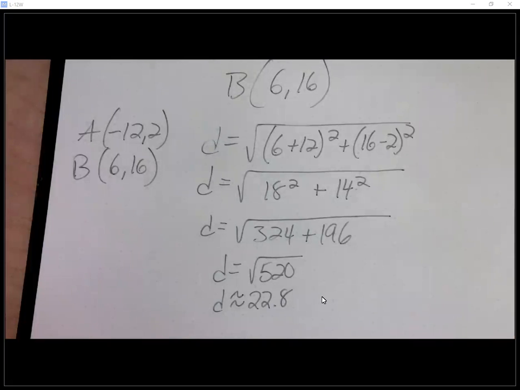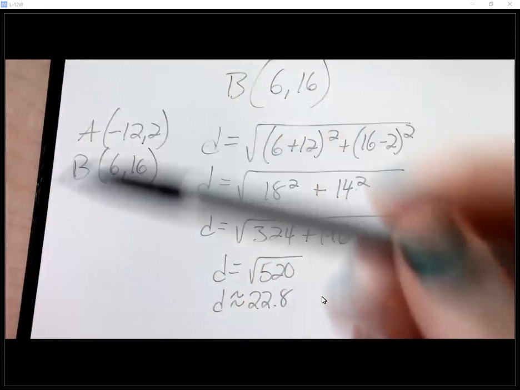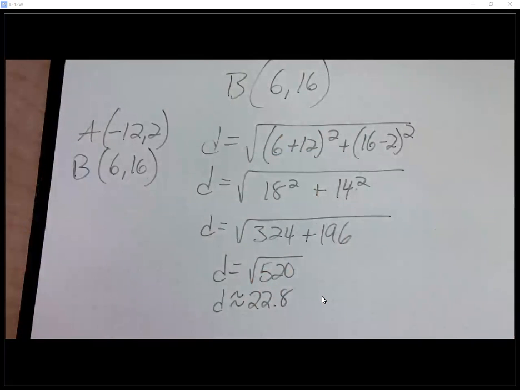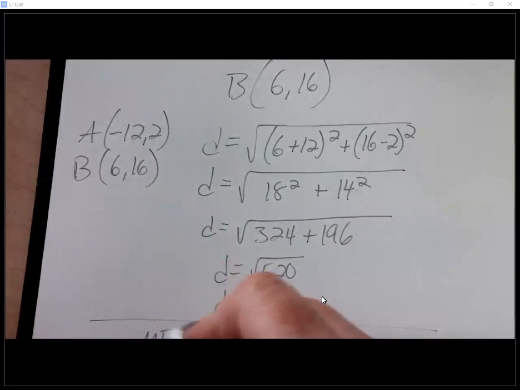All right, so there is the length of AB, and then to find the length of segment MB, you could go through all of this again and use one of these 2 points with point M, but you don't have to because you could just, Jake? You could take half of 22.8 because M is the midpoint. Exactly. Two corresponding segments that are created are equal.